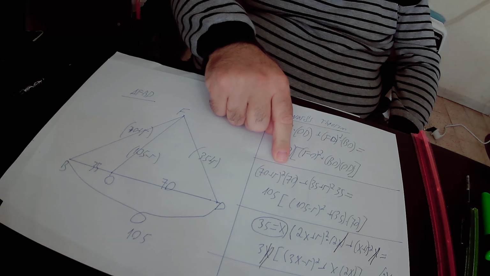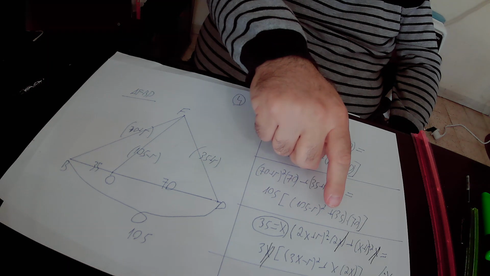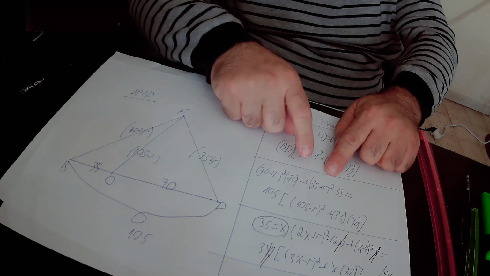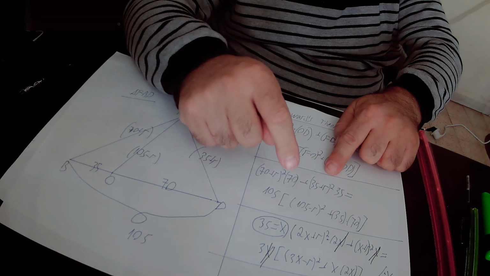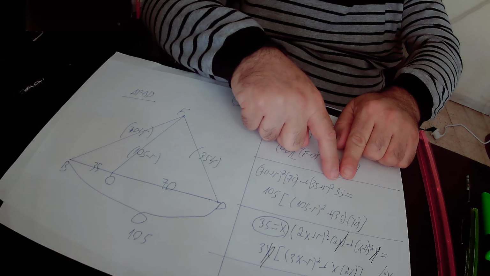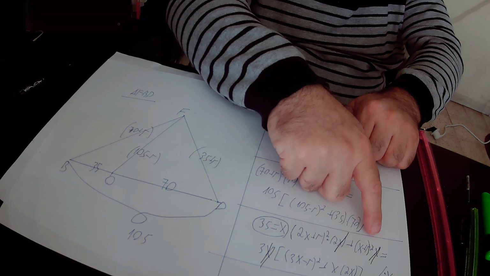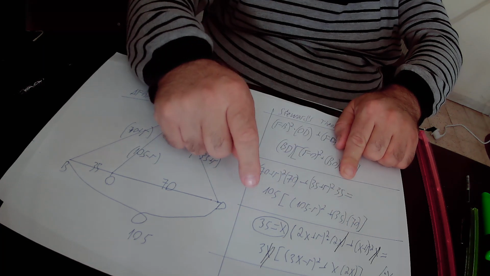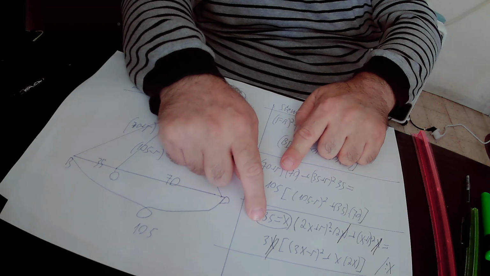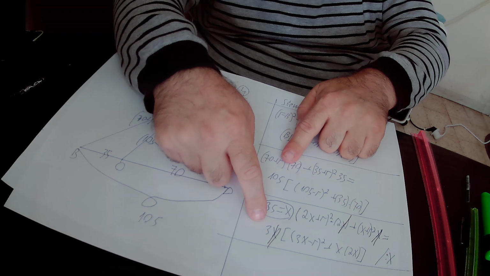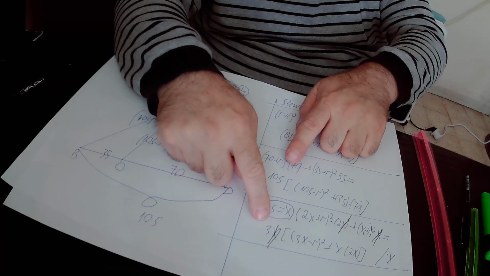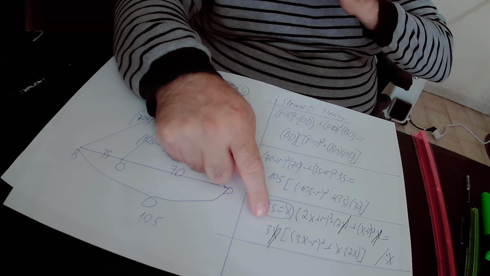So this expression in total equals (2x plus R) squared times 2x, plus (35 plus R) squared, which is (x plus R) squared, times 35. 35 is x, so it is (x plus R) squared times x, and it is equal to 105. 105 is 3 times 35, and therefore we substitute 105 by 3x.